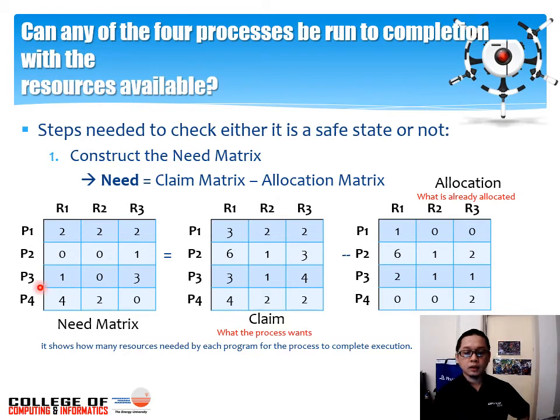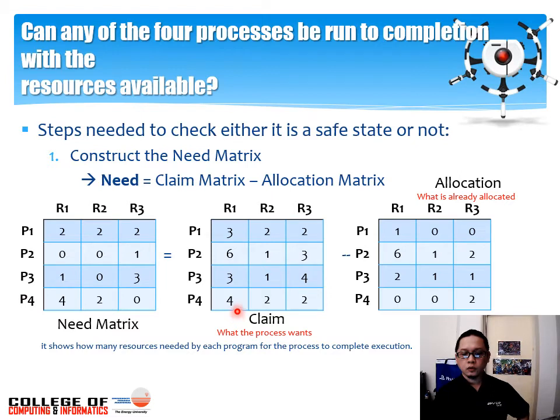Now for process 3, 3 minus 2, you will get 1. 1 minus 1, you will get 0. 4 minus 1, you will get 3. So this is the balance for the need of process 3. And then lastly, you have P4.